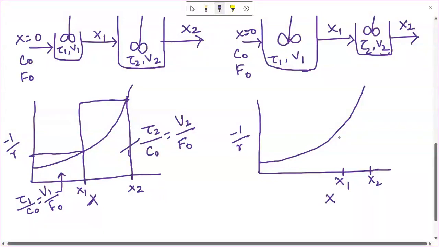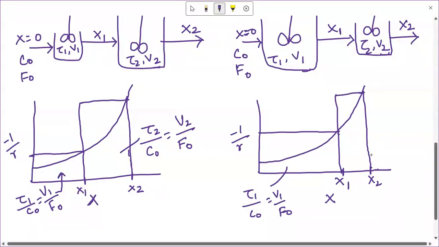For the first reactor, this would be the rectangle, and the area within the rectangle will give us tau 1 by C0, equal to V1 by F0. The area of the second rectangle will give us tau 2 by C0, equal to V2 by F0.